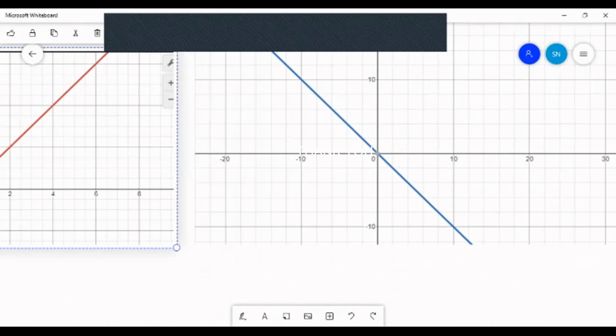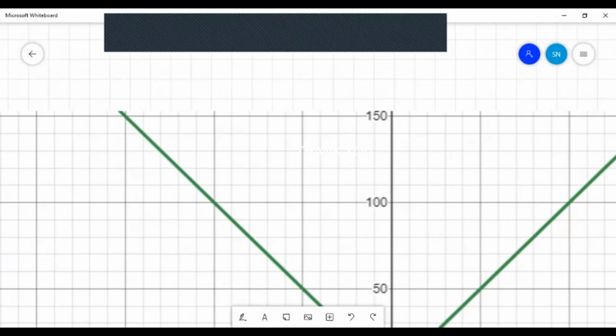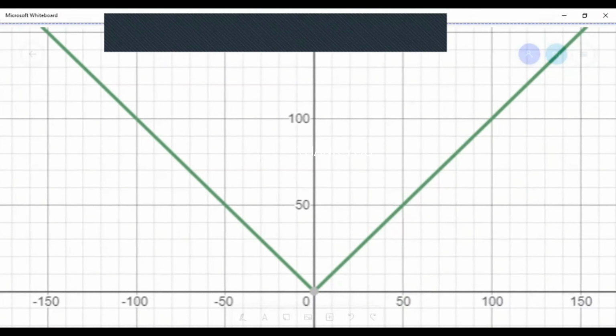When you write both conditions together, what is the possible graph of this modulus function? This is the possible graph: this part is y equal to x, and this part represents y equal to minus x. It's like a V.